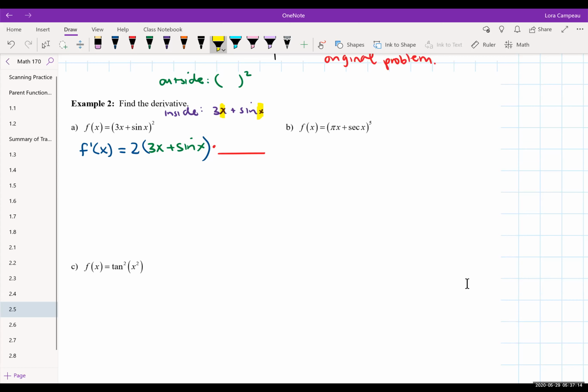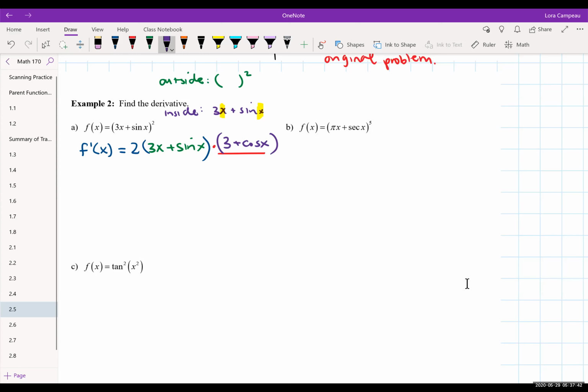So if we want to take the derivative of a sum, we take the derivative of 3x, which gives us 3. And because it's a sum, I'll include it in parentheses. And the derivative of the next term, sine of x, is just cosine x. There's no more chain to add on, because your inside functions only had single x's that you were dealing with.